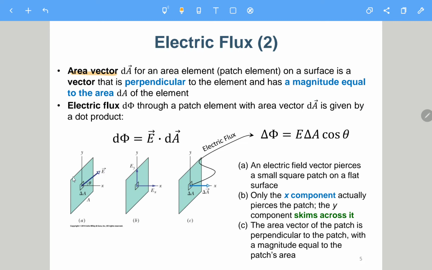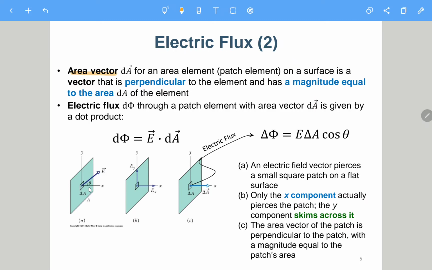We can just count it by the width times the height, or if it is a curvature, just like a sphere, then we need to separate it into many small parts, and then we can regard each as a flat surface. So now we need to determine the direction. The direction is perpendicular to the element.